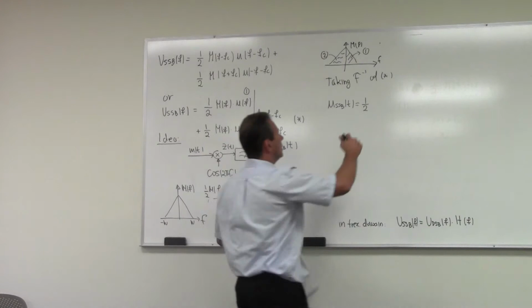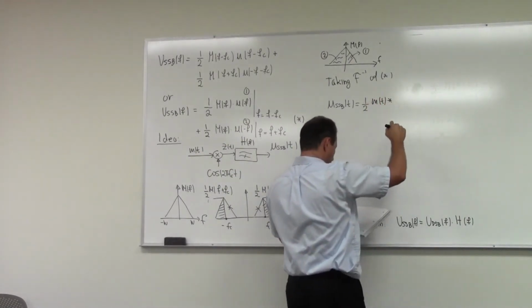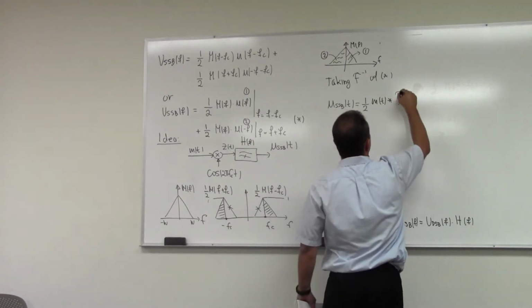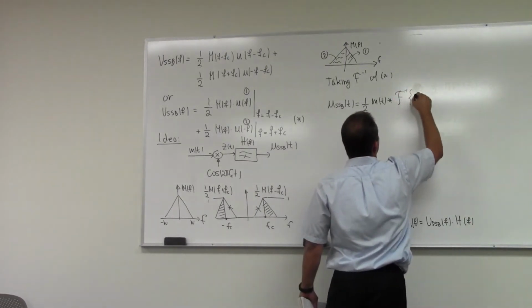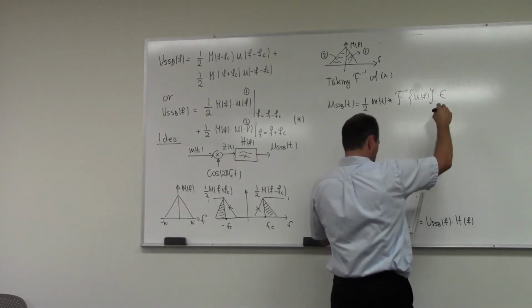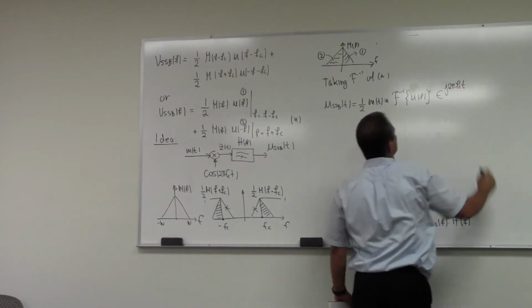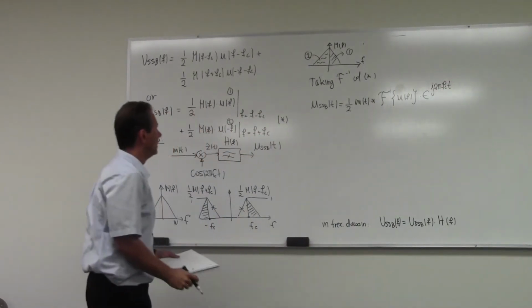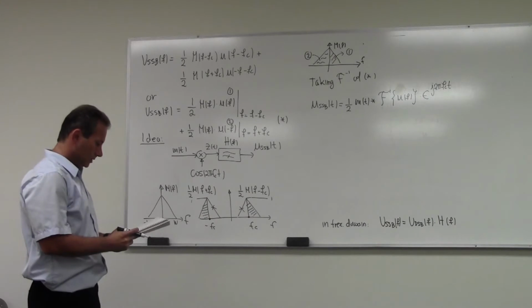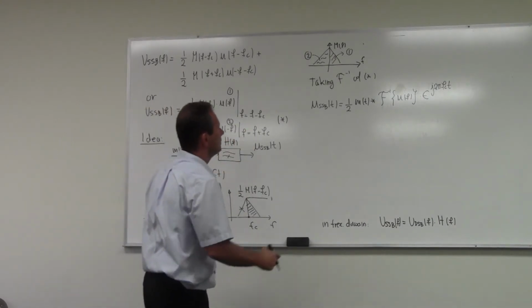So this is going to be m of t convolved with an inverse Fourier transform of u of f, and then translated in the frequency domain using this kernel here, this exponential.